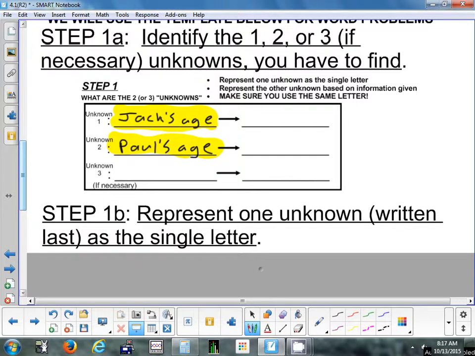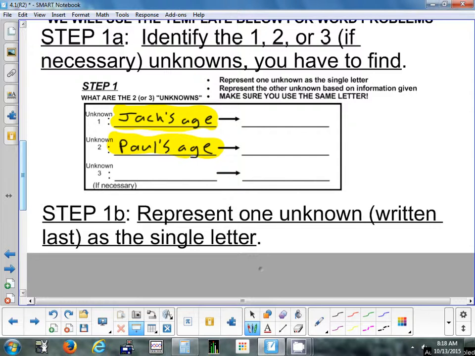As Mr. Royce said, we've got a separate template for each step. When we go through a whole problem, you'll use the same template for the whole thing. We're just breaking it out step by step, just for this one. Does everybody have Jack's age and Paul's age? Okay, that's the first thing you've got to find.